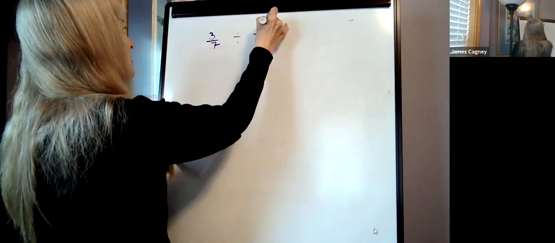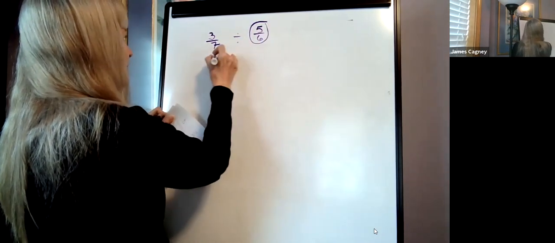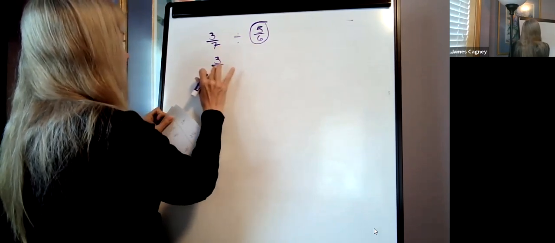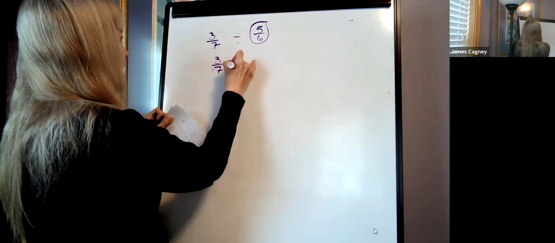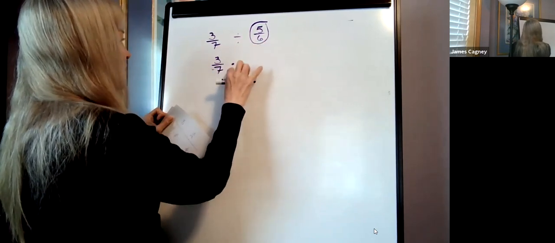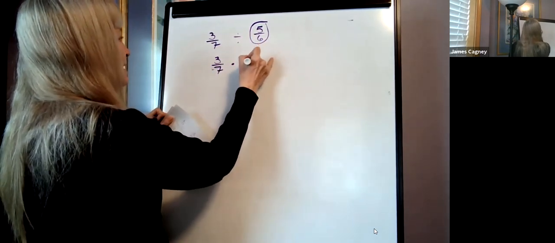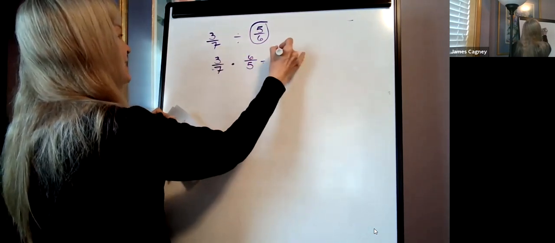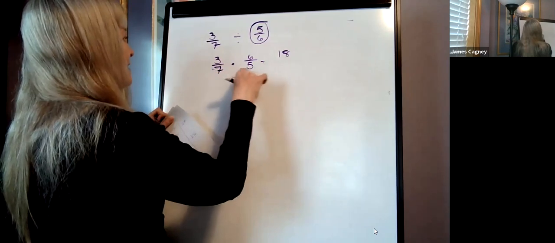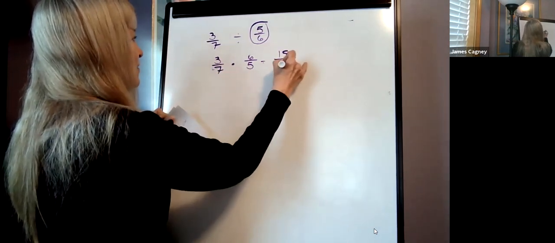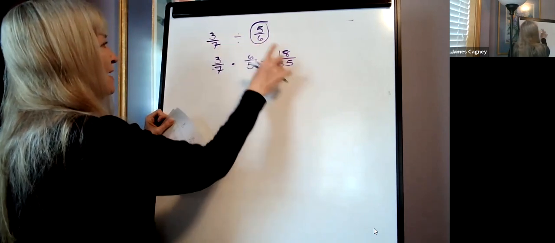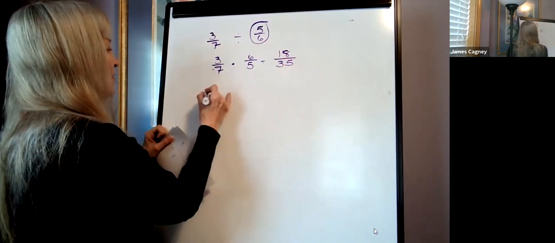What they told us to do is to flip this second one. So I'm going to get 3/7, and this becomes a times. So 3/7 times 6/5. 3 times 6 is 18. 7 times 5 is 35. So I'm saying 3/7 divided by 5/6 is 18/35.